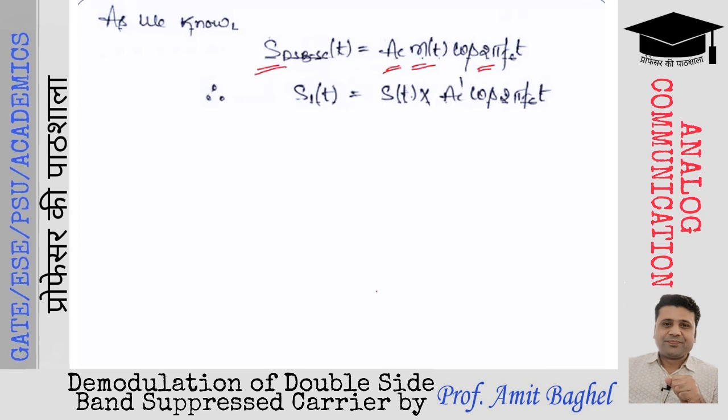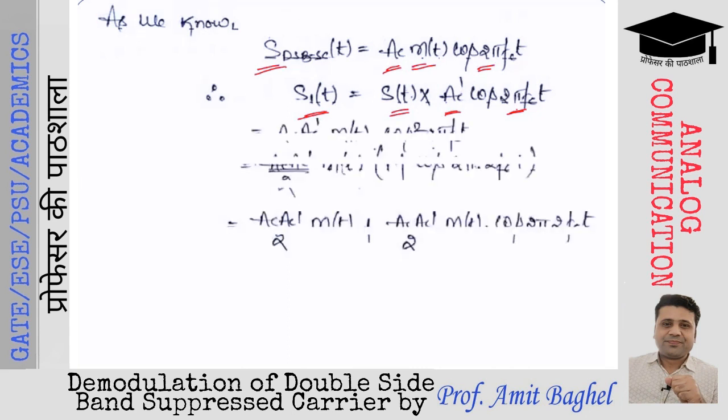So s1(t) will be s(t) multiplied with c_L(t), and c_L(t) is Ac' cos of 2 pi fc t. Now we replace the value of s(t) from the above equation, and in place of s(t) we put Ac m(t) cos of 2 pi fc t.